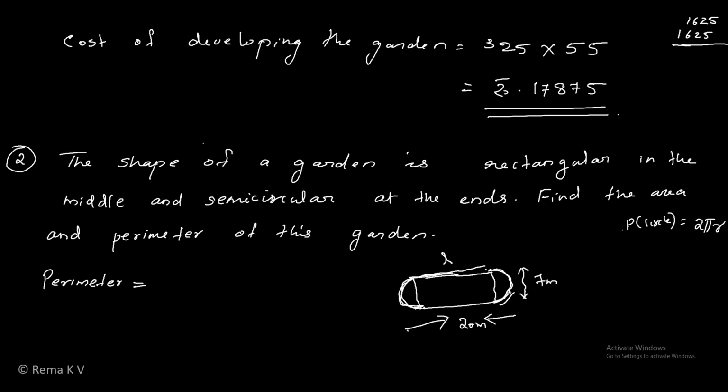We are having a semicircle on this side. So what will be the perimeter of this part? For a total circle, it is 2 pi r. So what is the half of it?